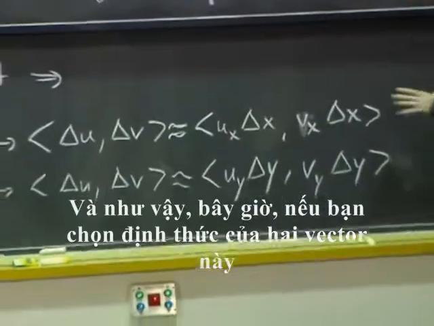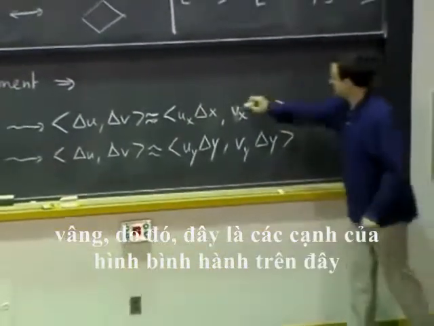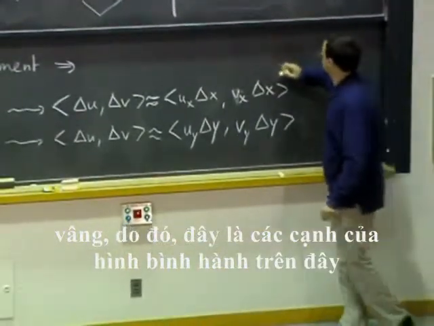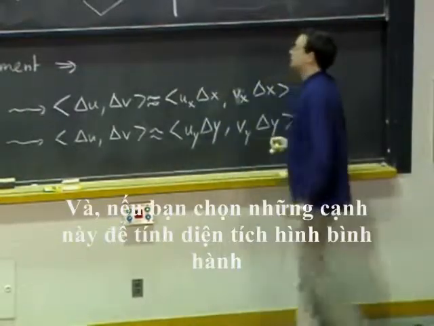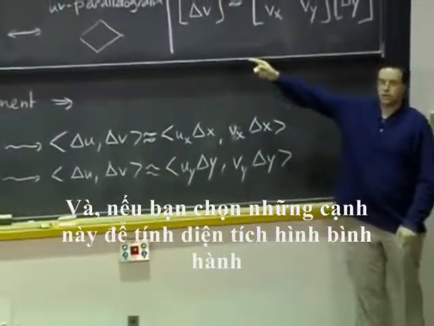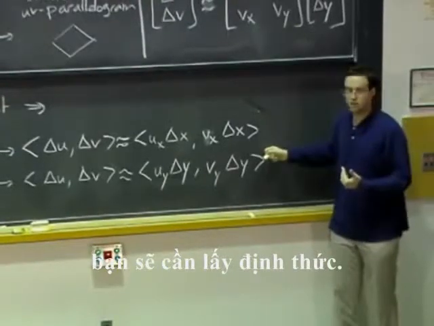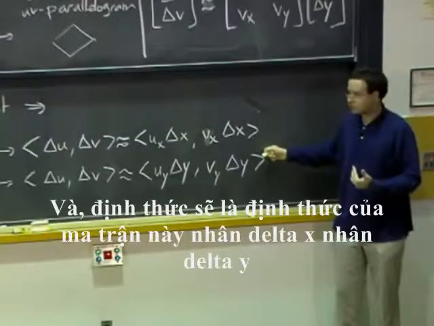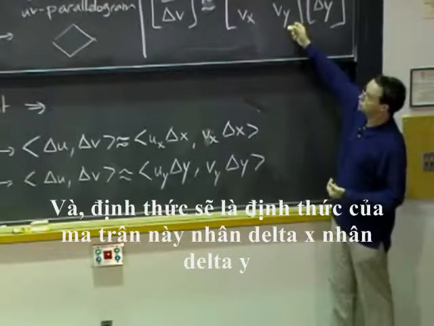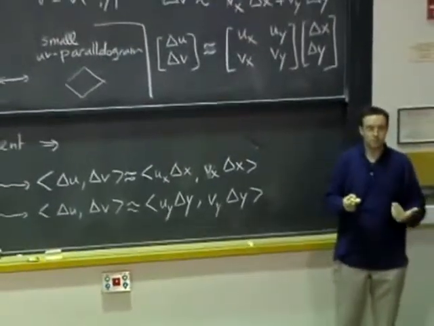And so now if you take the determinant of these two vectors, these are the sides of your parallelogram up here, to get the area of the parallelogram you would need to take the determinant. And the determinant will be the determinant of this matrix times delta x times delta y.